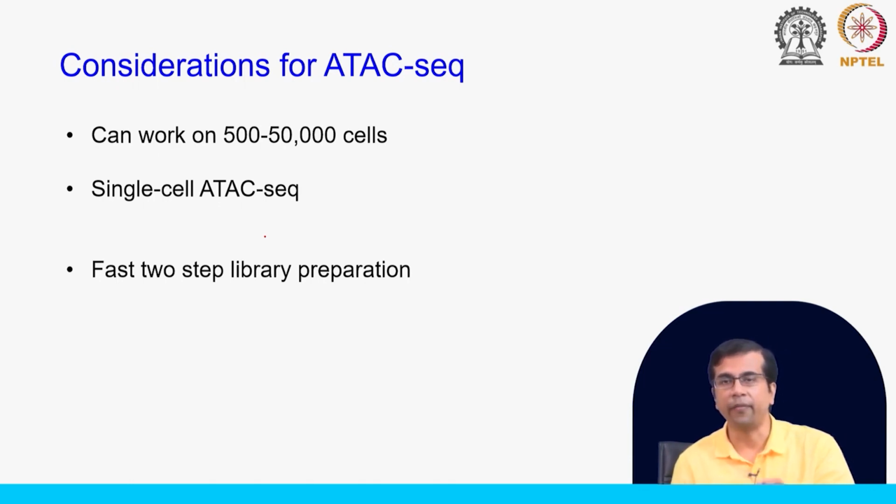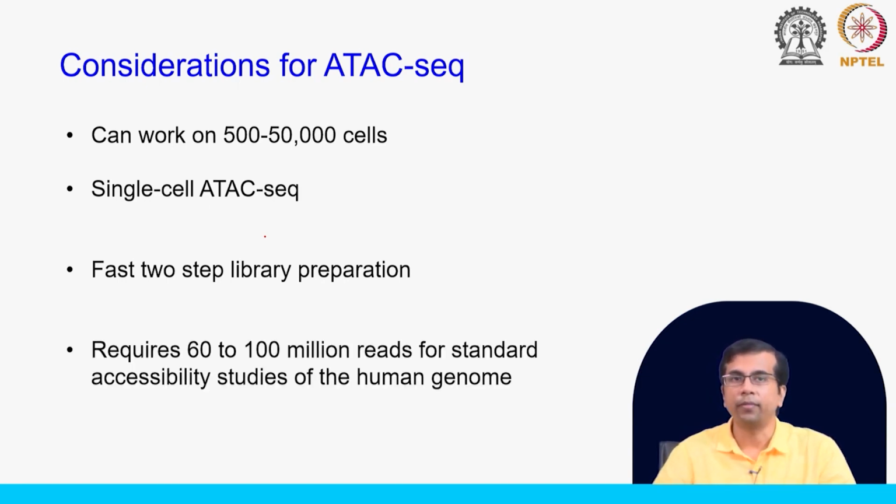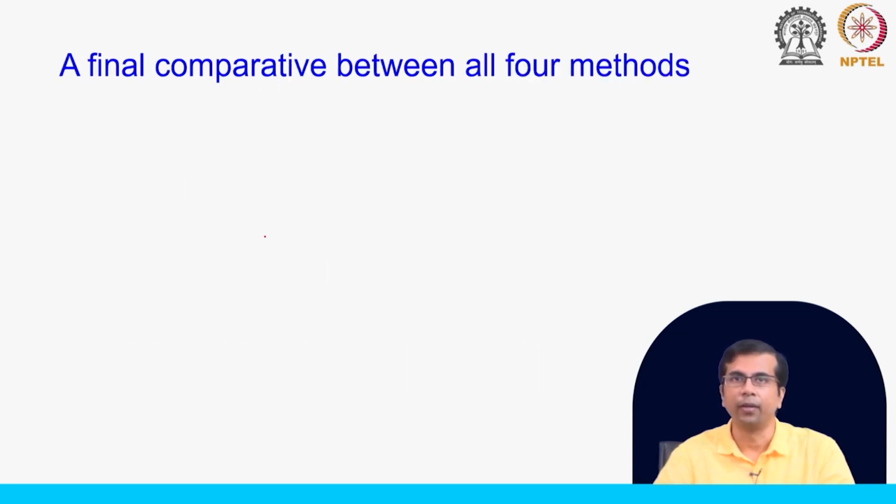So, this process is very fast and also quite easy compared to the other methods, and it requires about 60 to 100 million reads for standard accessibility studies of the human genome. This number of reads is comparable to the other methods, but the advantage lies in the fast 2-step process, and we can work with very low amount of samples. So, this method has now been extended to single cell studies.